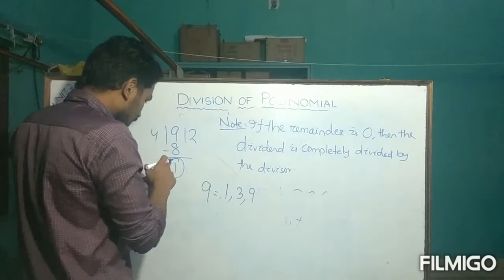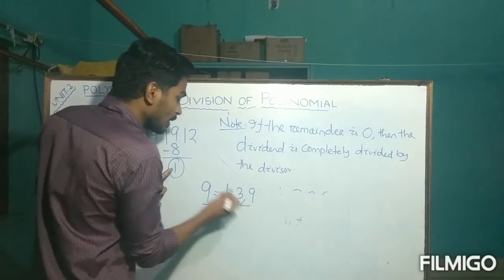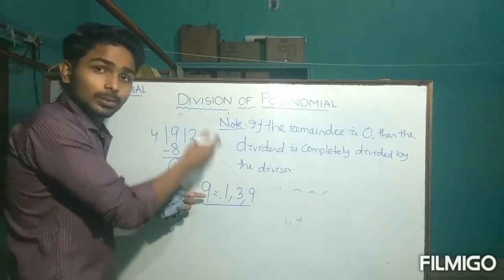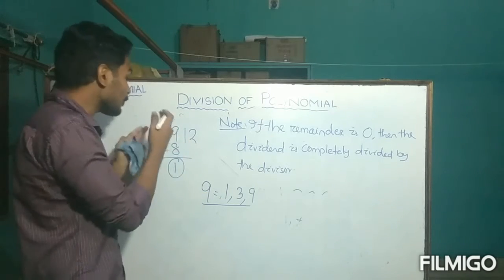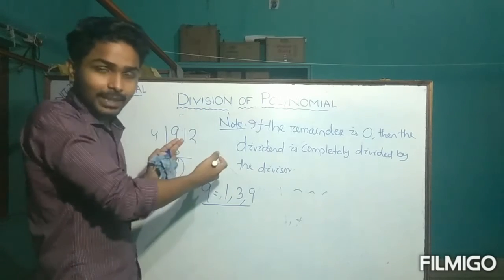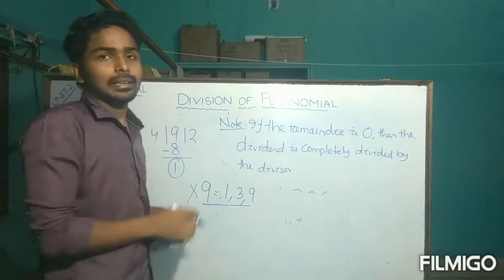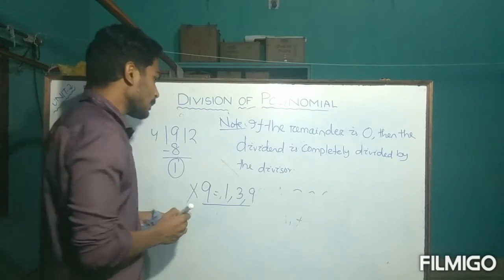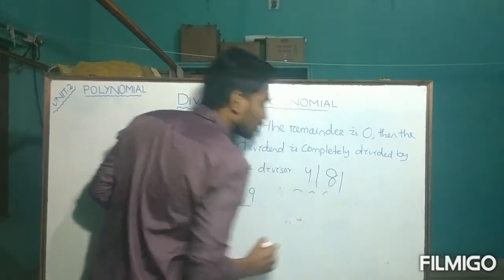Since the remainder is not 0, the factors of 9 don't contain 4, so we can say that if 4 doesn't divide 9 completely, then 4 is not a factor of 9. Understood?